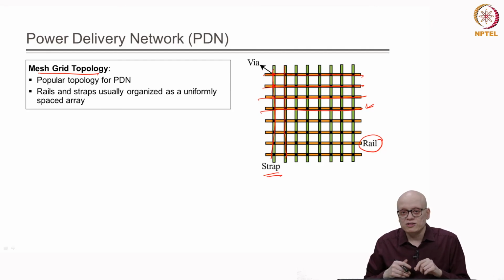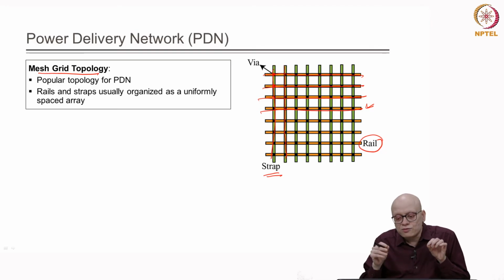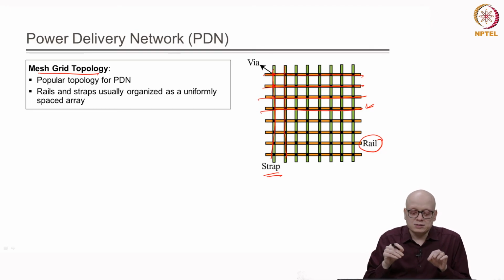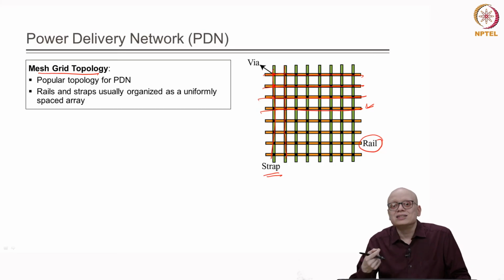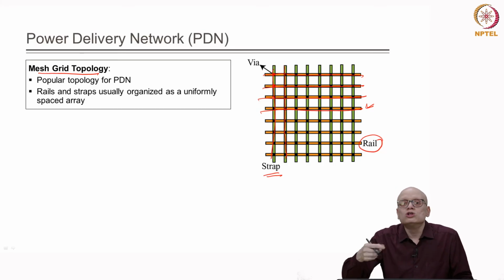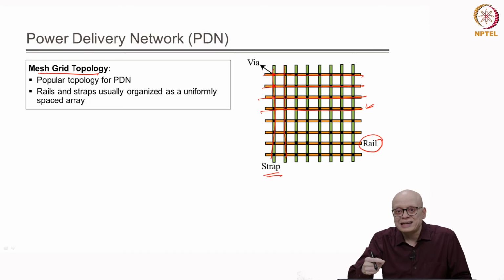network or this mesh basically carries the VDD. So, this may be for VDD, there will be another mesh for say ground line, right, and from this power delivery network or mesh grid, the power pins of the standard cells and macros will be driven and will be tapped from these lines, right.